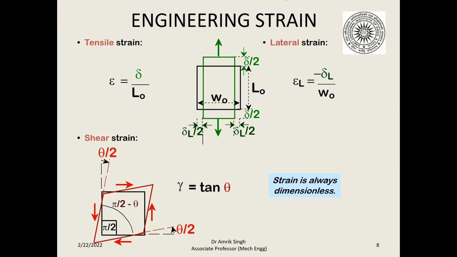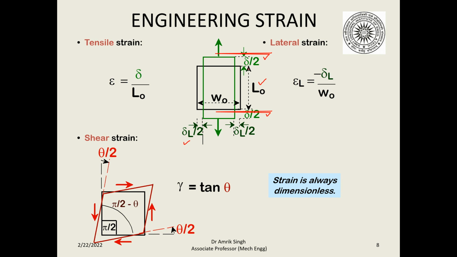Now, engineering strain. Yesterday we learned what is stress and what is strain. You see this was the original piece having a length L0 and width W0. When we apply a force, it stretches like this in both directions. Here it is delta by 2, and here del L by 2, and here delta by 2.